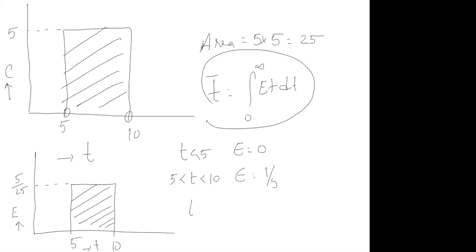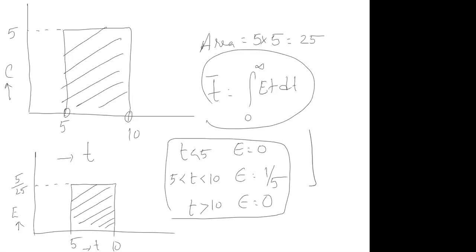For T greater than 10, what is the E value? 0. Now if you substitute this here, T bar is nothing but integral of 1 by 5 into t dt. The limits also will change. This is 5, this is 10. Below 5, 0, above 10, 0. If you solve, you will get 7.5 minutes.